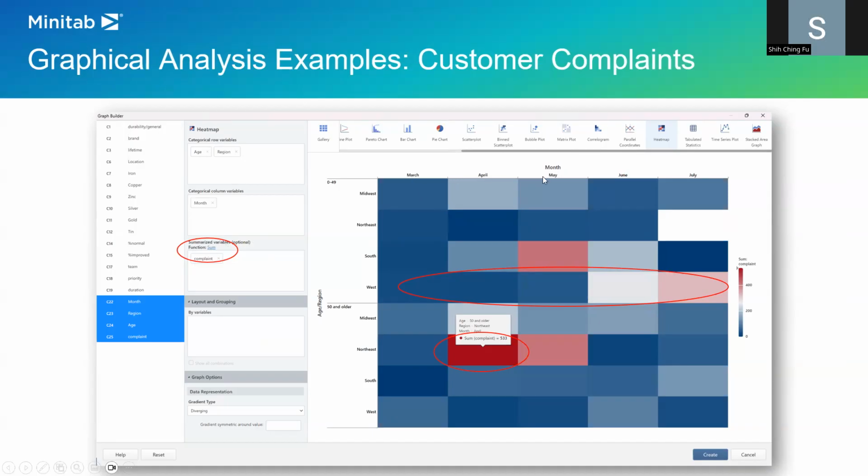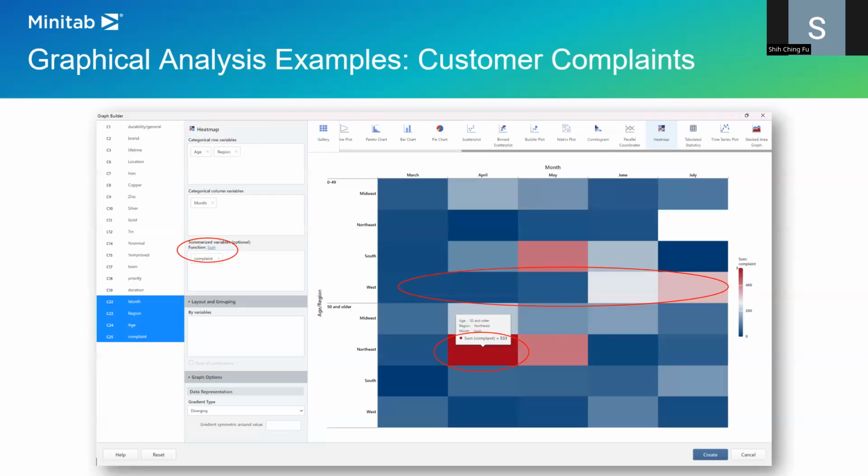We plot over time, which is horizontal. I group them into two different age groups, 0 to 49 and 50 and older, and then group further by region: Midwest, Northeast, South, and West. And also you see some colors, which represent the total number of complaints.